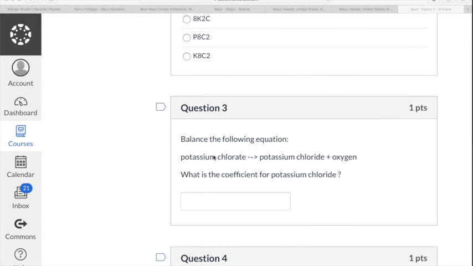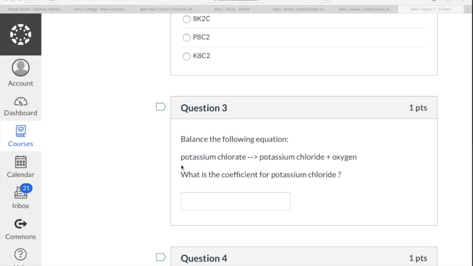Balance the following equations. Potassium chlorate yields potassium chloride plus oxygen. So we've got to remember what chlorate is. Let me grab my notes because I honestly can't remember if it's 2 minus or 1 minus.